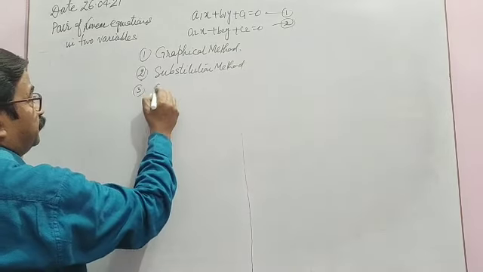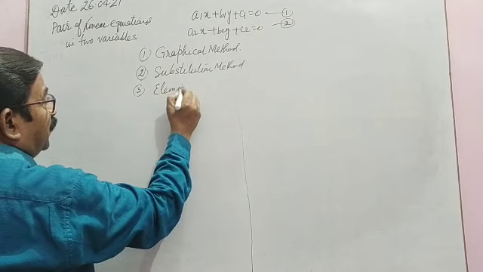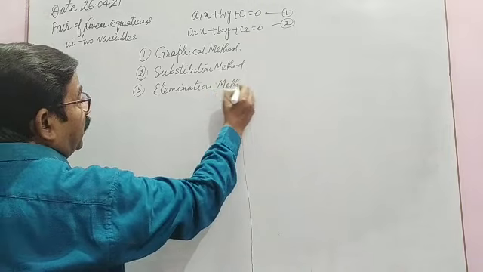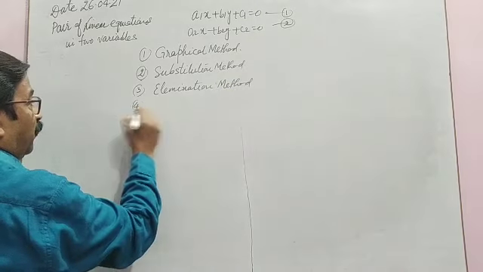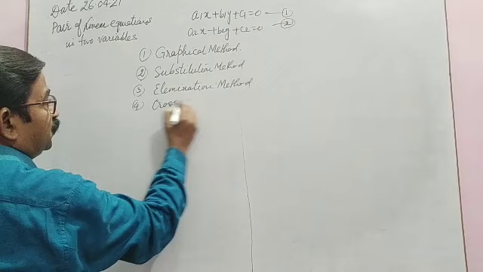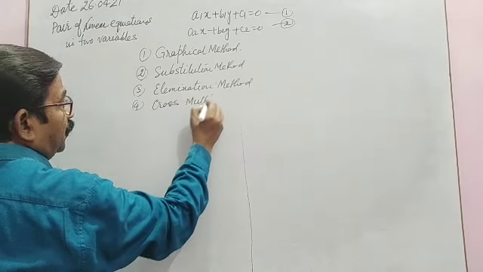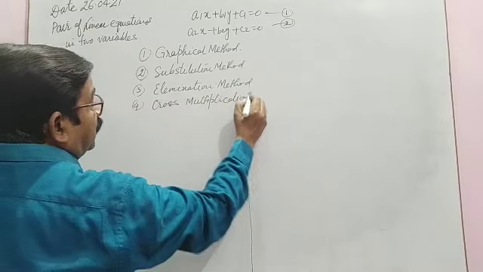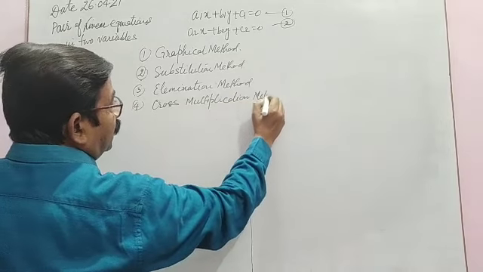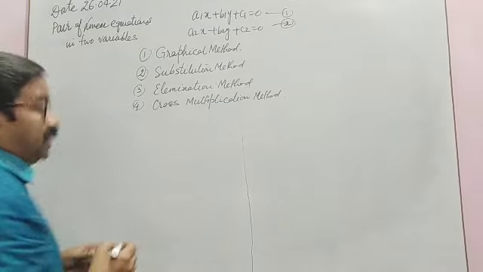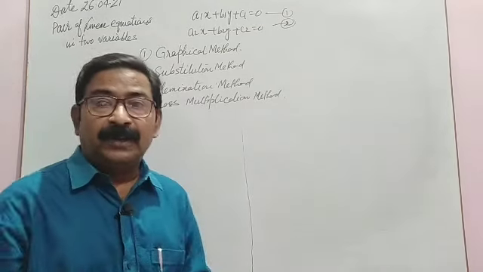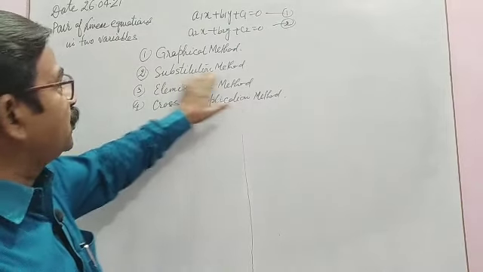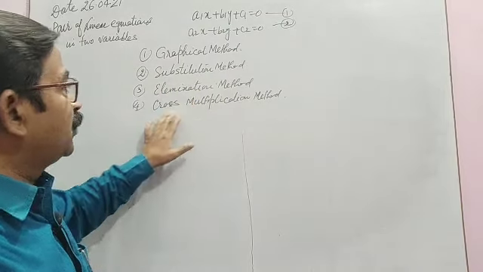Number three, elimination method. And number four, cross multiplication method. These four methods are to find the solution of the equation: graphical method, substitution method, elimination method and cross multiplication method.